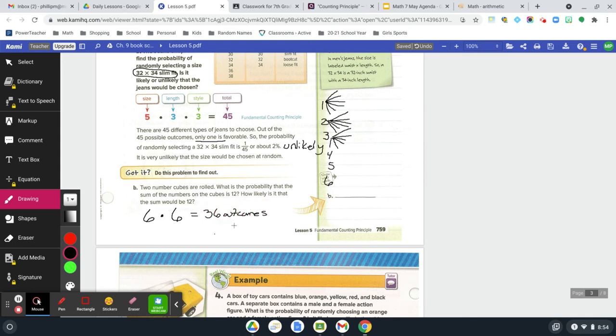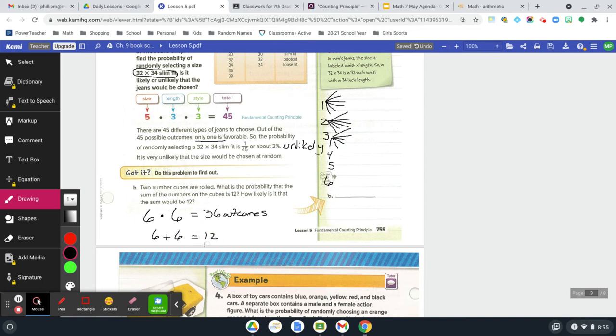So when it asks you what the probability is that the sum of the numbers on the cube is 12, think about that. What 2 numbers could you add together to get a total sum of 12? Well, can't you only, on the first number cube, take that 6, and on the second number cube, also take the 6? 6 plus 6 is 12.